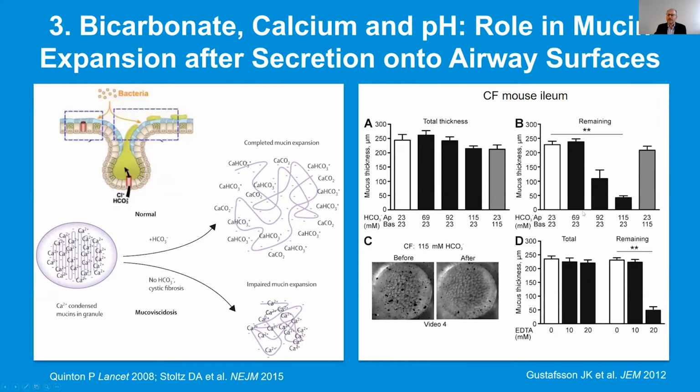This hypothesis was first tested in the CF mouse ileum, where it was found by Gunnar Hansson's group that adding increasing concentrations of bicarbonate makes the otherwise sticky CF mucus more mobile in a way that it could now be removed by suction from the epithelial surface, and very similar results were obtained when the free calcium was reduced by adding EDTA.